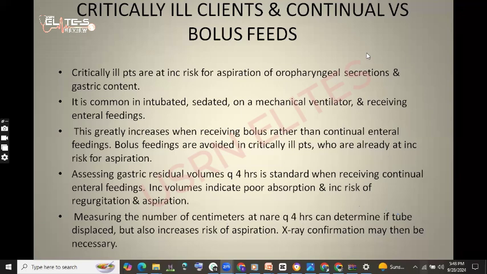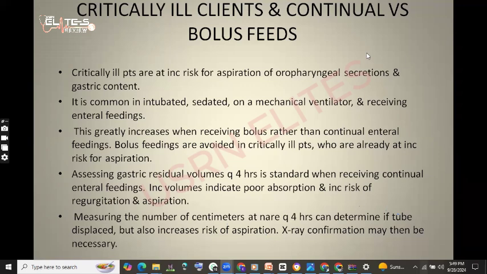When the due time is up, after doing your checks, the prescribed amount will be poured into the patient's stomach all at once. So that is bolus feeding.